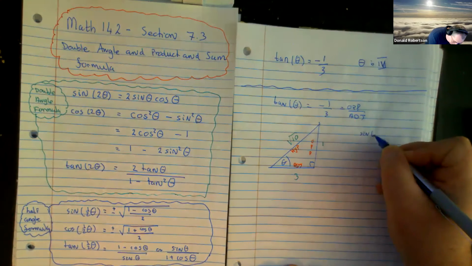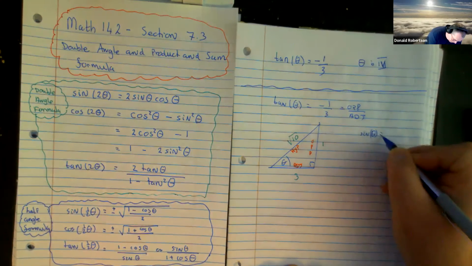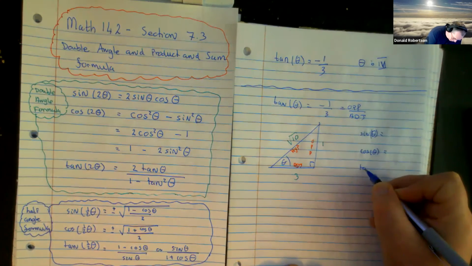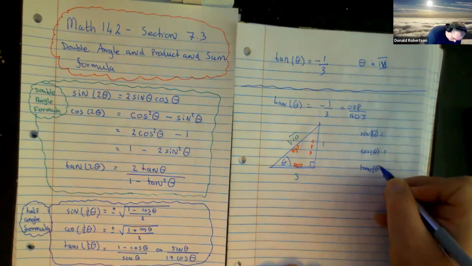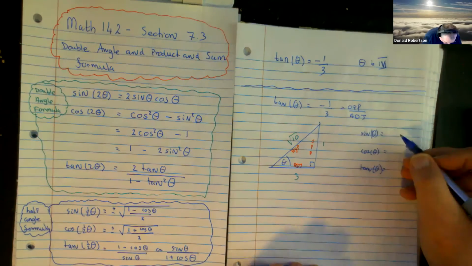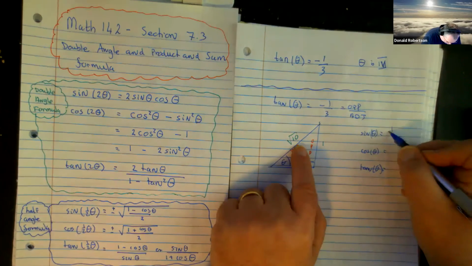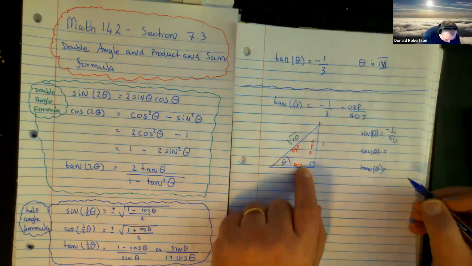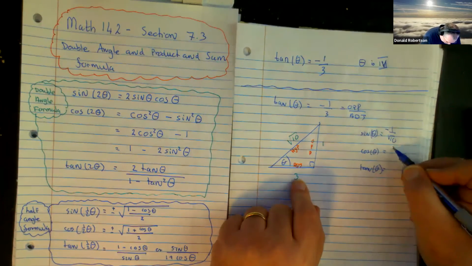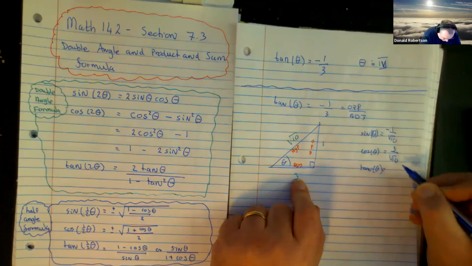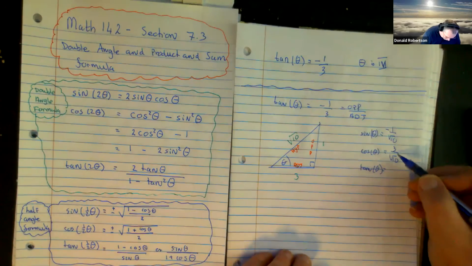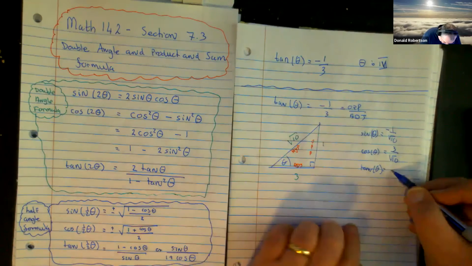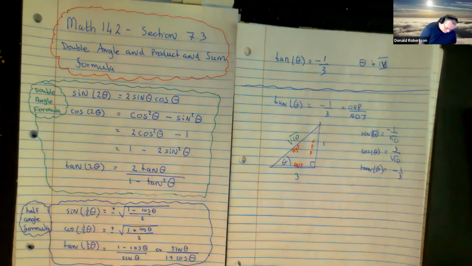Now, here are the values that we're going to use in our double angle formulas. The sine is 1 over root 10, and in the fourth quadrant that's negative. And the cosine is going to be 3 over root 10, and in the fourth quadrant that's positive. And the tangent is going to be negative 1/3 because we already know that.